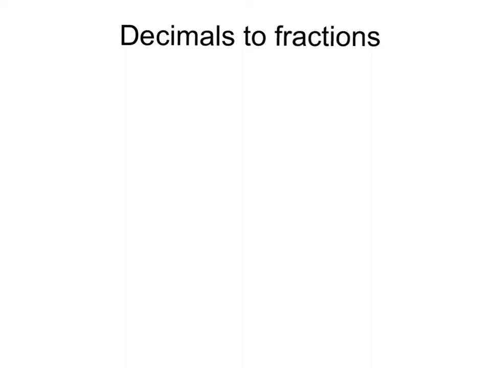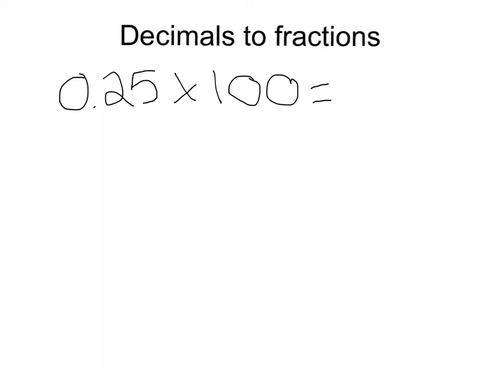So this is how to do a decimal to a fraction. Say you have a decimal like 0.25. You want to multiply that by 100, which is going to give you 25. Because our decimal is in the hundredths place value, we're going to put it over 100.